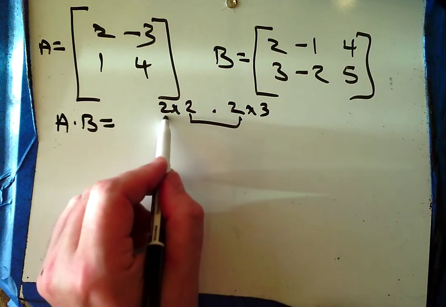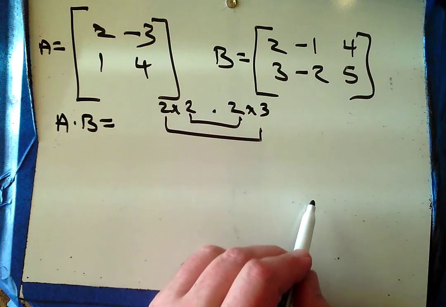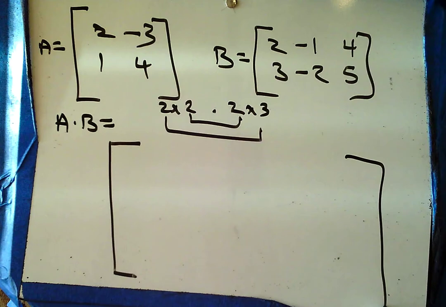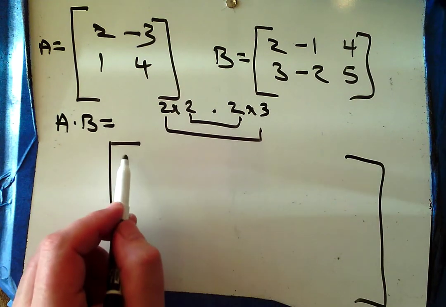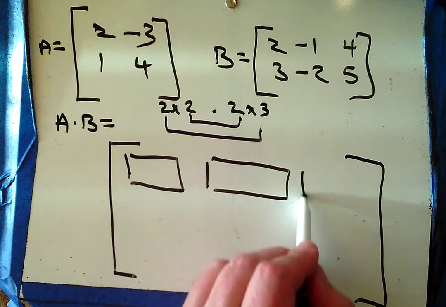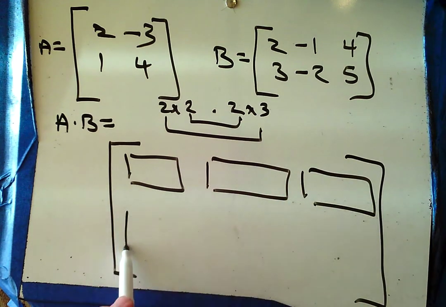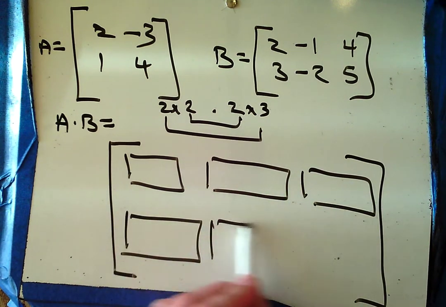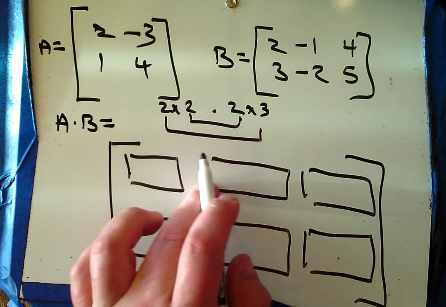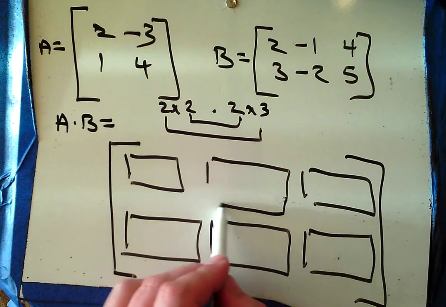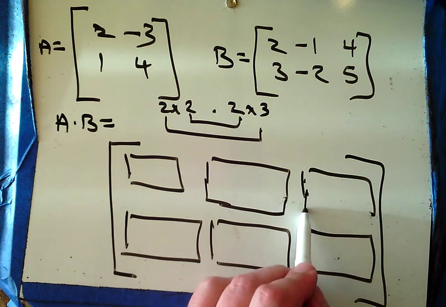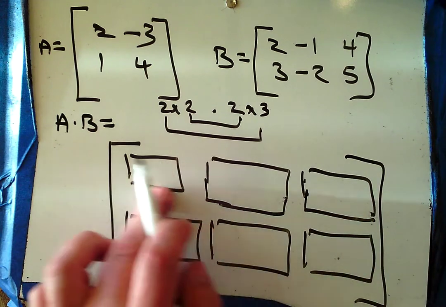Yes, they're the same, and this is the size of the product. So I'm going to make a big oversized 2 by 3 matrix so that I can put all my work into these big cells. I find these big cells can also help me figure out what things should go where, like what things get multiplied by what things.